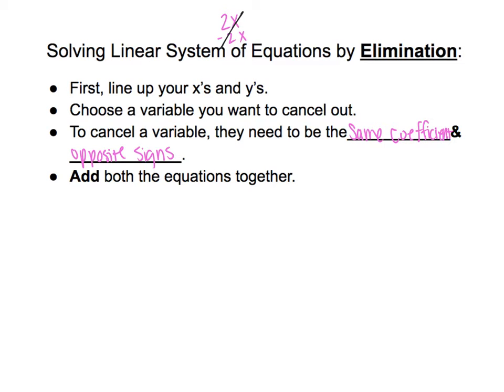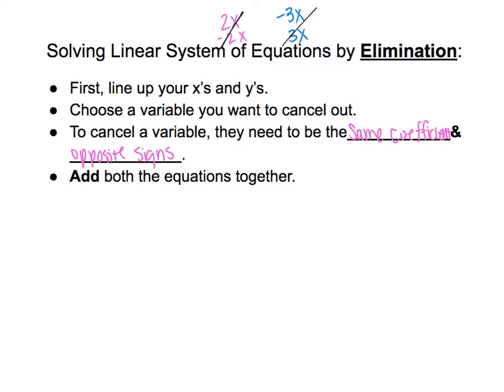Or if you have a negative 3x, the only way to cancel out is to have a positive 3x, okay? And that would cancel them out when you add them. So elimination looks at opposite signs but the same coefficients, or the same number in front. And then you always add the equations together, which allows you to cancel.